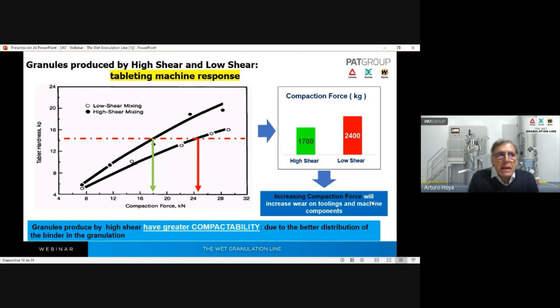Impeller speed means the meters per second the point of the impeller moves. So is it 3 meters per second that is good, is it 5 meters per second, or is it 8 meters per second, the appropriate impeller speed?